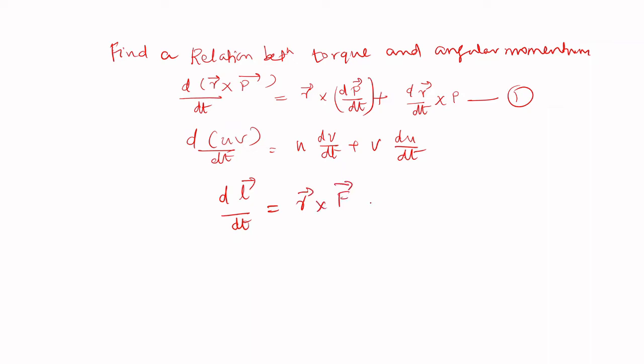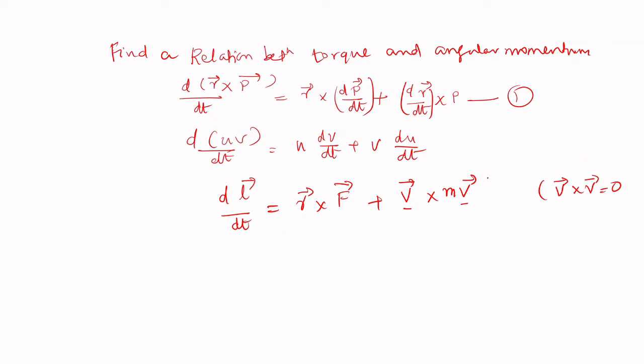So R cross F plus dr by dt, which is the first derivative of the position, will give us velocity, cross P. P is mv. We know that when you find the cross product of two identical vectors, the result is equal to 0. So v cross v is equal to 0, and this term as a whole becomes 0.